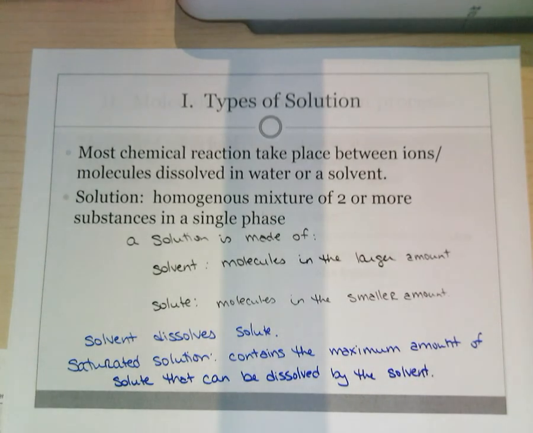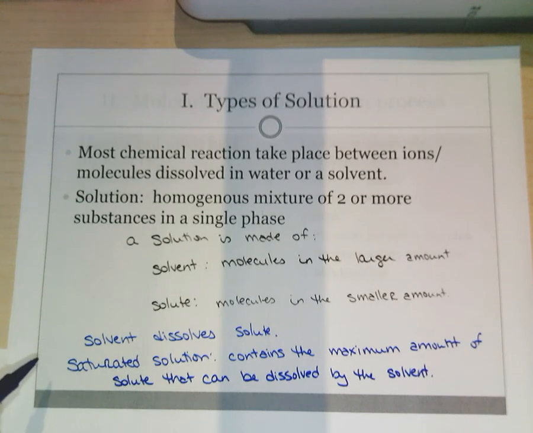Right, so there's that magic point when you're adding Kool-Aid mixture to, or Gatorade mix, whatever powder drink you're making, right, where it's all going to solution real nicely, and then you start adding a little bit too much, and then either it forms a sludge at the bottom, or it gets kind of crunchy as you're drinking it, right, which means you are now at the point that's saturated. You've put in as much mix as that water can hold, right?